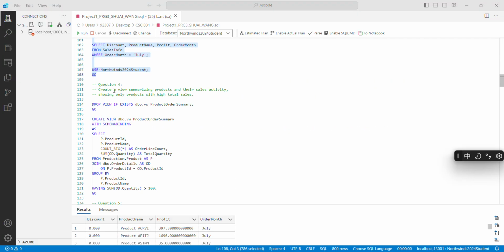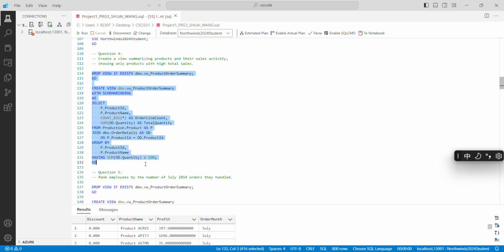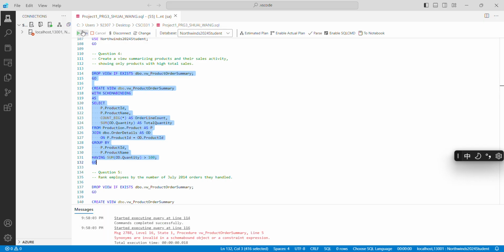Question 4. Create a view summarizing products and their sales activity, showing only products with high total sales. Okay, we drop view first to ensure there is no same view and create the new view.